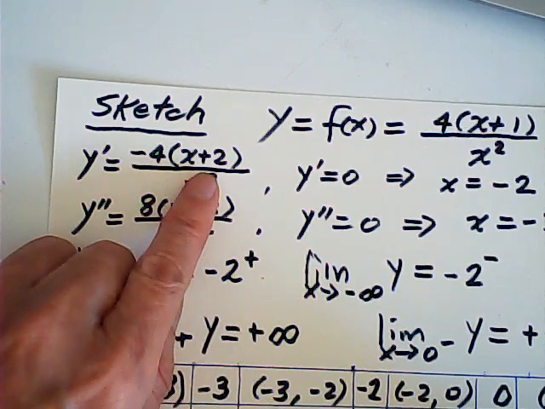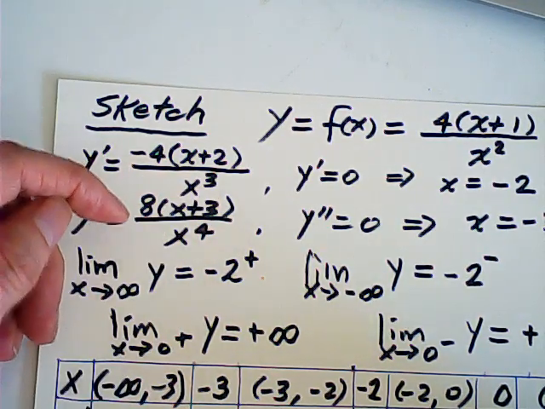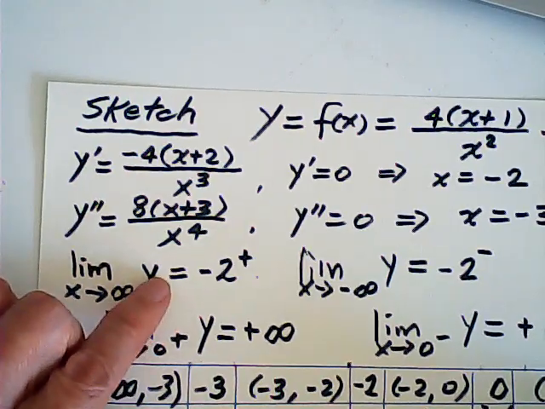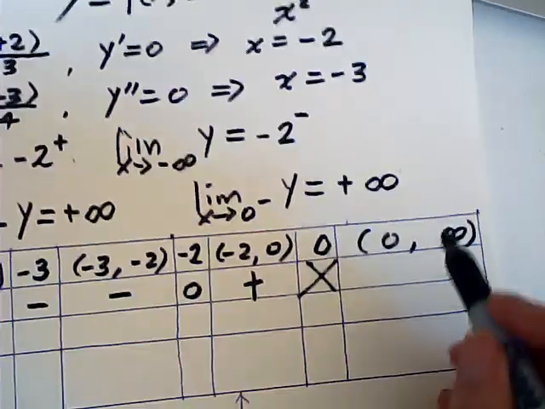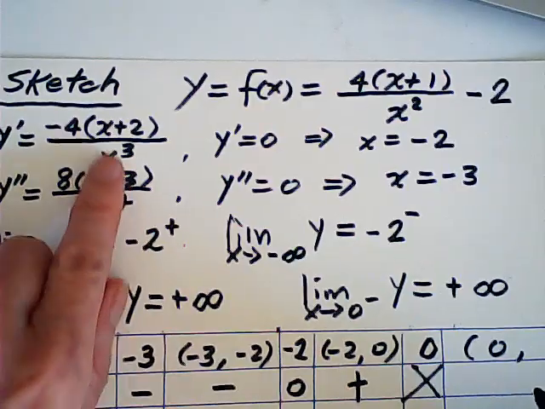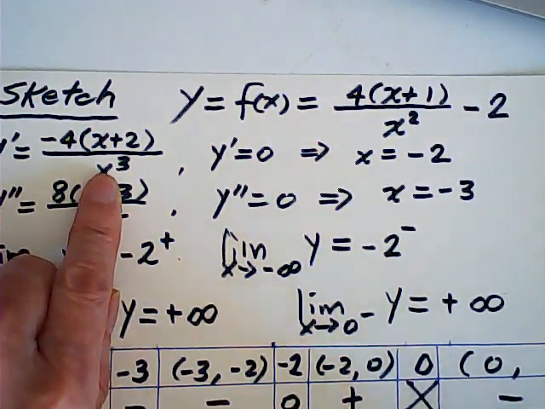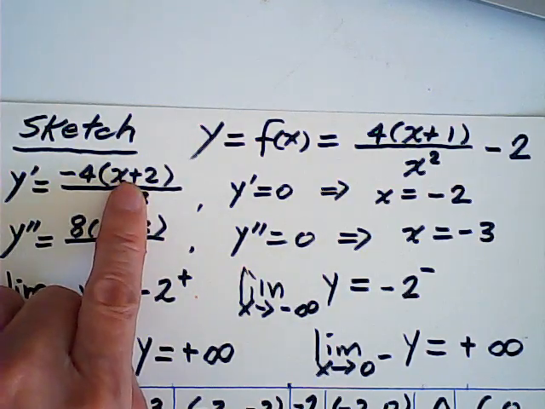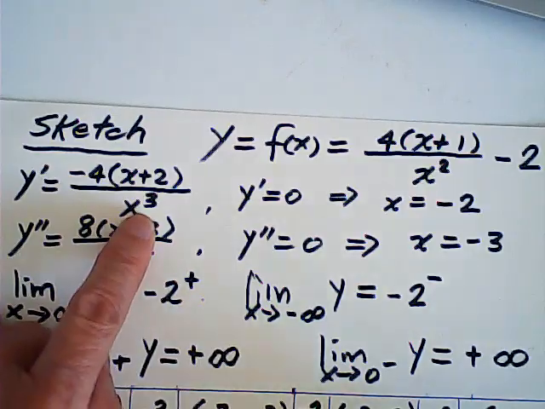Put 0 here, it's not defined. Here I choose 1, or you can choose a million, any number. You put it here, it's negative.